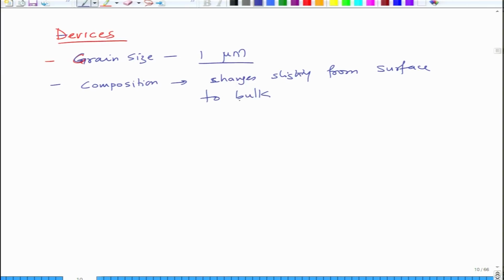So, there is a compositional gradient from surface to bulk, and this basically decreases surface recombination, because if you have composition changes, you will have energy level changes. As a result, the carrier velocity is not very high, and these devices are generally post annealed in selenium.